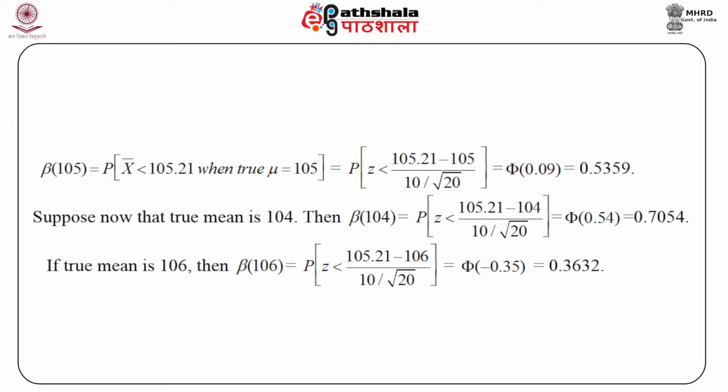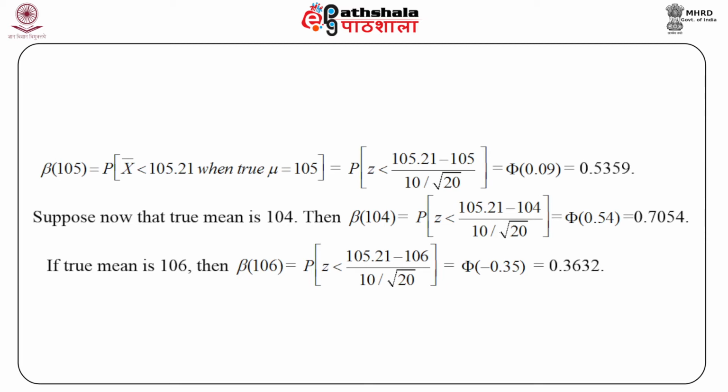0.5359. Now suppose that the true mean is 104, then beta 104 will be equal to the probability of z less than (105.21 minus 104) upon 10 divided by under root 20, which is phi of 0.54, and is equal to 0.7054.